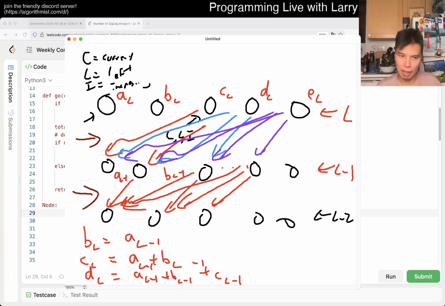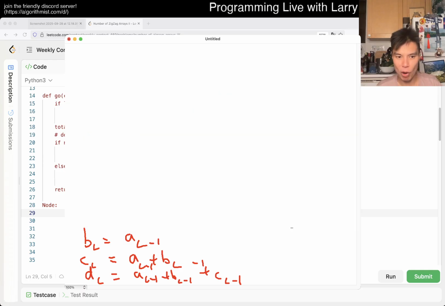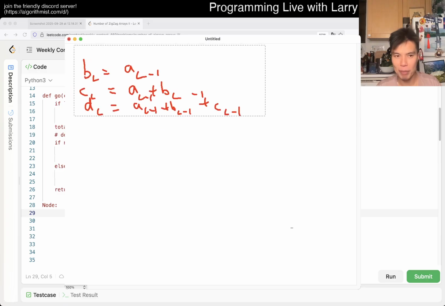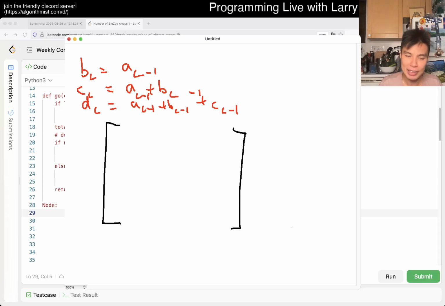It looks pretty straightforward, but the key thing to note is that, now that you have these formulas, you can represent them in terms of a matrix, right? How do I say it quite precisely?